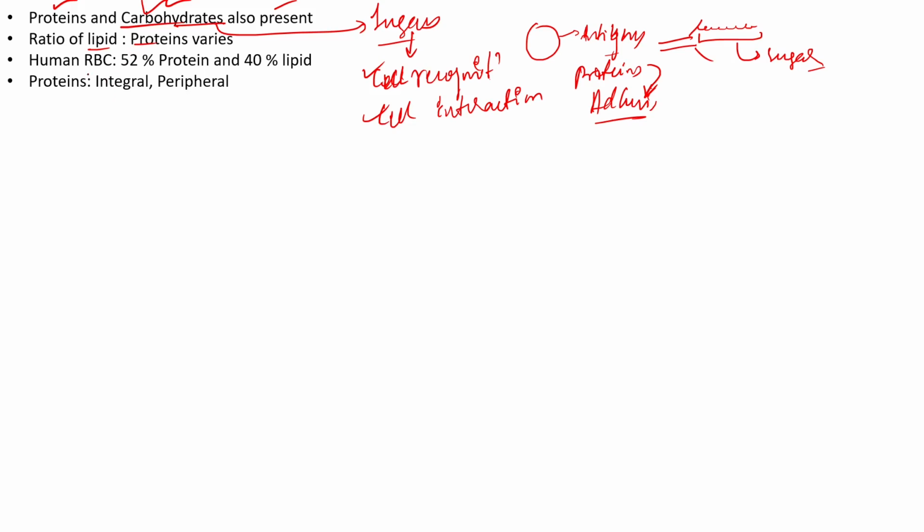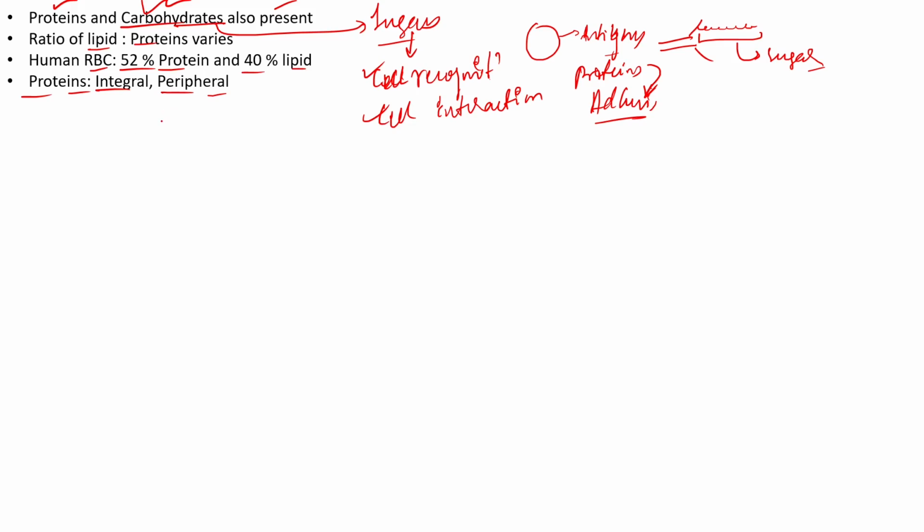If we have human RBC, we can say that in the human RBC, 52% of it is protein in the lipid layer or the membrane, and 40% of it is mainly the lipids. So now, we can categorize the proteins in the cell membrane into two types. The first one is the integral proteins, and the other is the peripheral proteins.